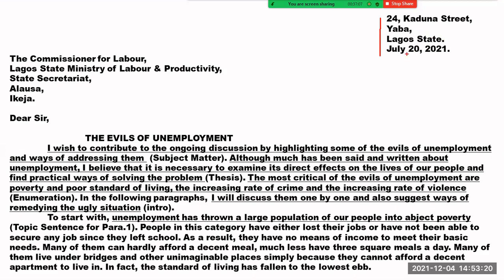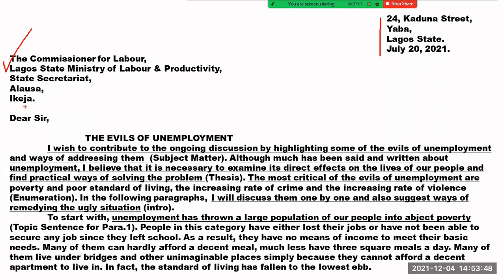Then the next thing is the date, July 20, 2021, full stop. All right, so take note of that. Then comes the designation or the official position of your receiver and his address. And look at how we put it here. The Commissioner for Labor, Lagos State Ministry of Labor and Productivity, State Secretariat, Alausa, Ikeja.